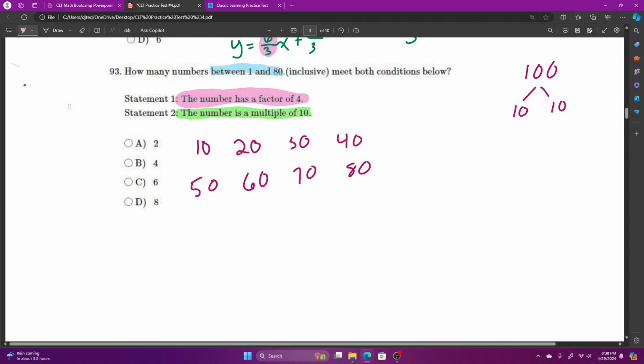Skip 10. 16, 18, 20, 24, 28, 32, 36, 40, 44, 48, 52, 56, 60, 64, 68, 72, 76, 80. So how many numbers meet both conditions? Just those 4 pink ones.